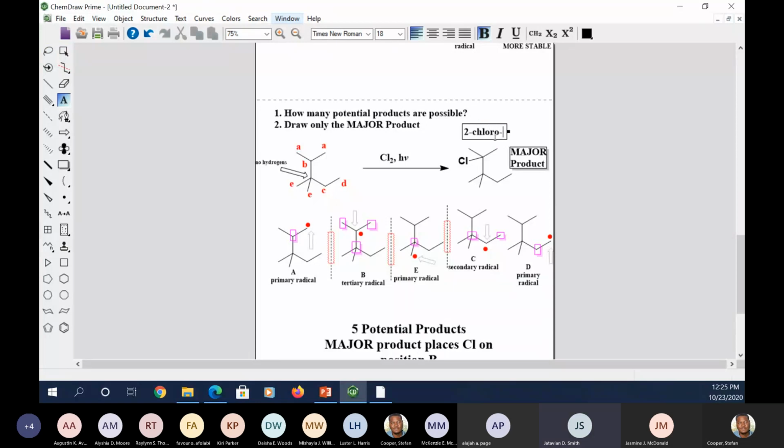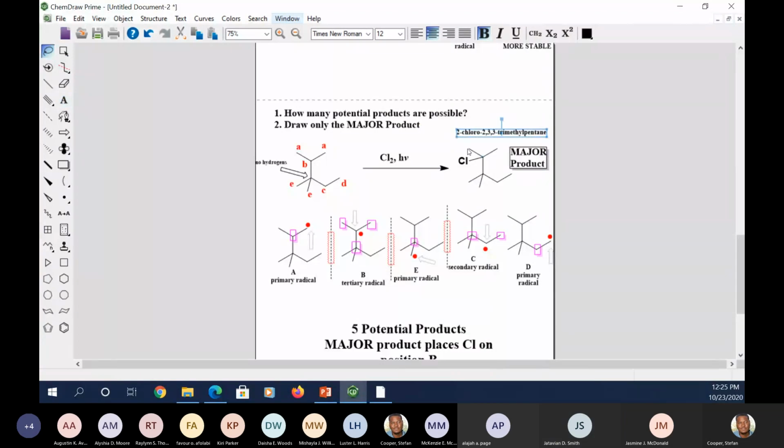So you're saying on carbon 2, you've got the chlorine. All right, so carbon 2 has a chlorine.